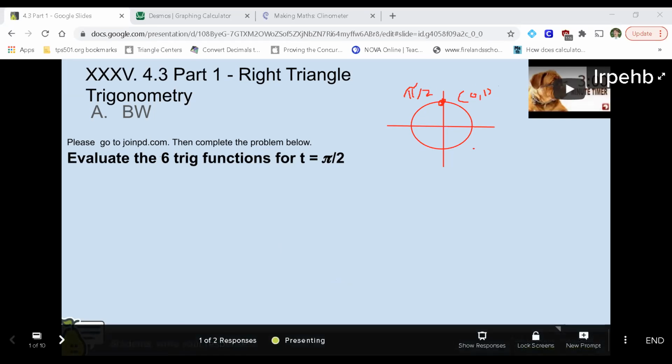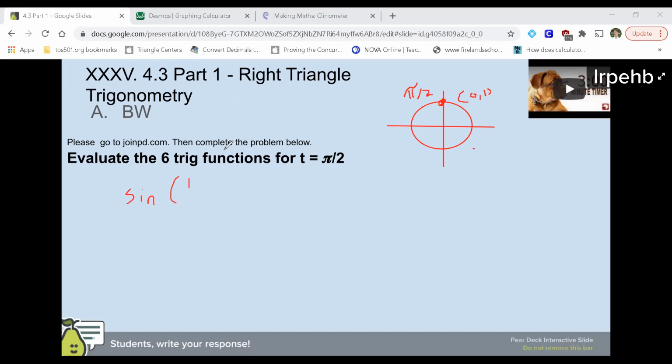So if you use your formulas, the sine of pi over 2 is just the y value, 1. The cosecant of pi over 2 would be the reciprocal of that, 1. The cosine of pi over 2 is just the x value, 0.